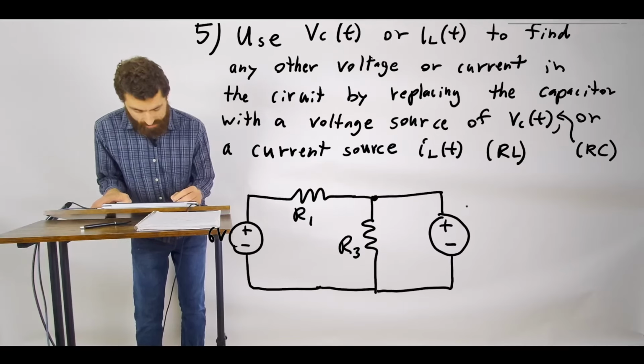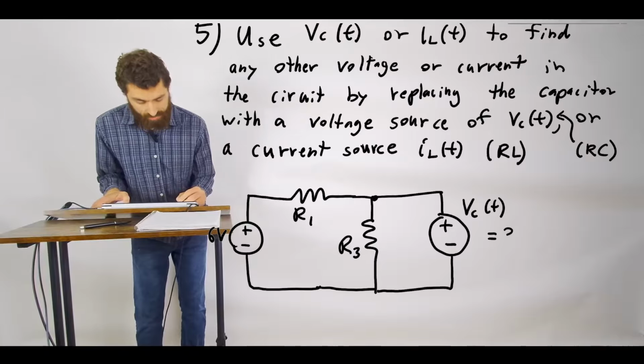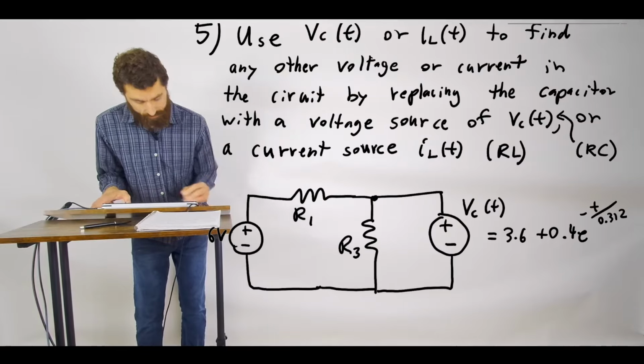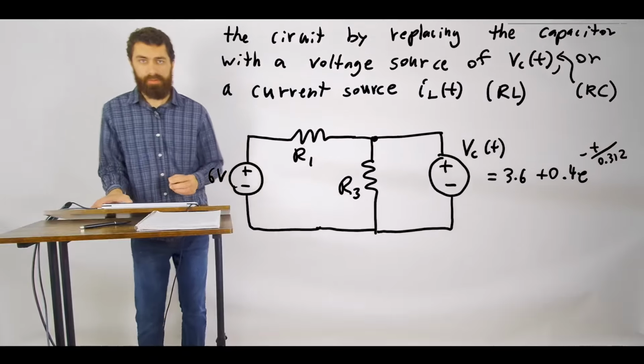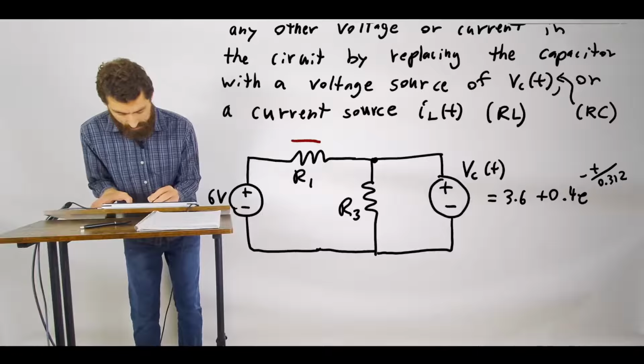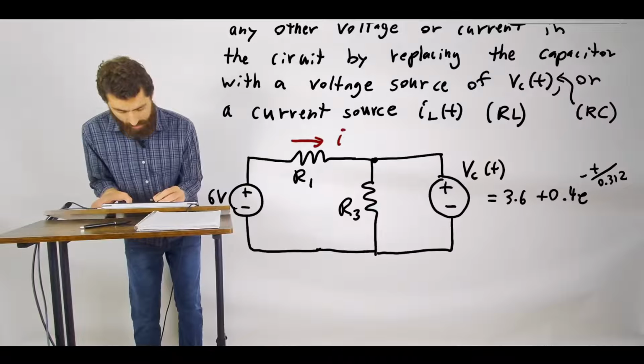The voltage source is the value of Vc of t that we calculated, which is 3.6 plus 0.4 e to the minus t over tau. And we want to find this current here, IR1.